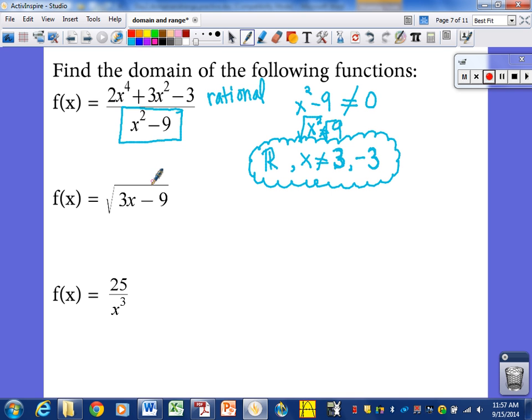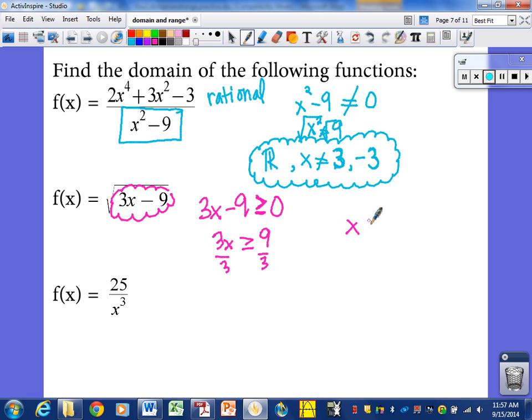Okay, this is a square root function, so we have to have this be positive. 3x minus 9 must be bigger than or equal to 0. Must be, because if you plug a real number in, you cannot get an imaginary number out. So 3x has to be bigger than or equal to positive 9.